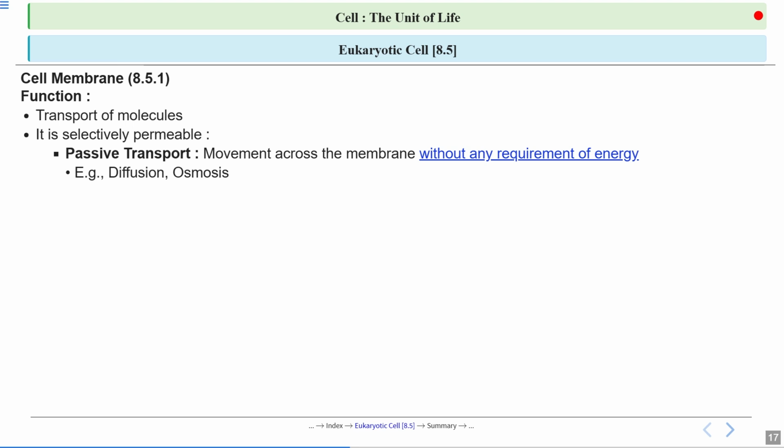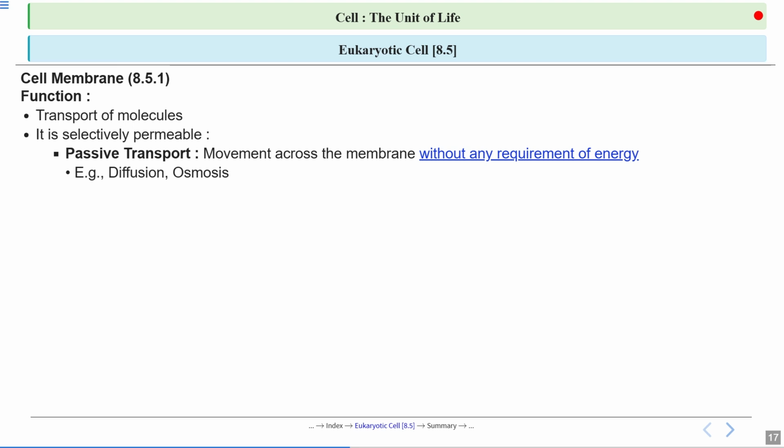First is passive transport, meaning no energy is required. Movement across the membrane without any requirement of energy is known as passive transport, such as diffusion and osmosis. For diffusion and osmosis, you require a concentration gradient. So no energy is required here in diffusion and osmosis.